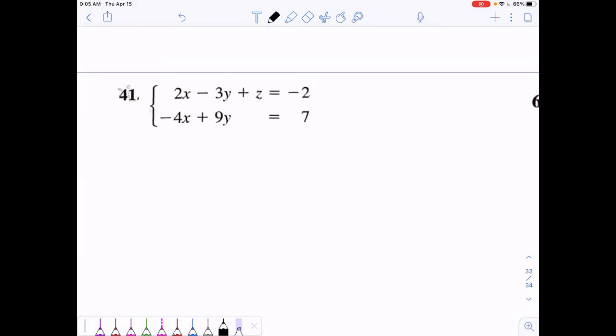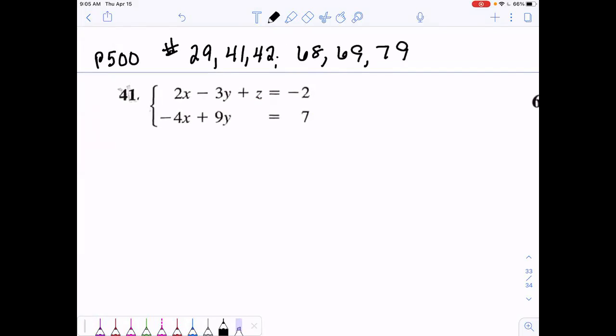But this is on page 500. And again, those problems are 29, 41, 42, 68, 69, and then 79.